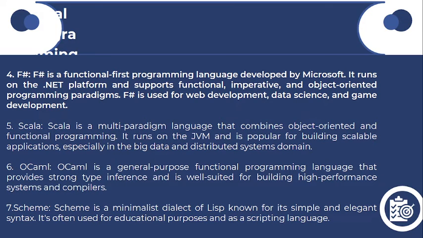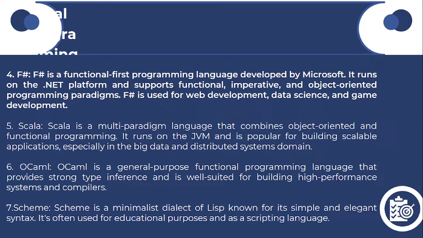Number 5, Scala. Scala is a multi-paradigm language that combines object-oriented and functional programming. It runs on the JVM and is very popular for building scalable applications, especially in the big data and distributed systems domain.